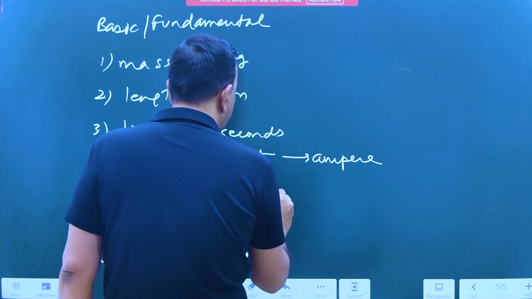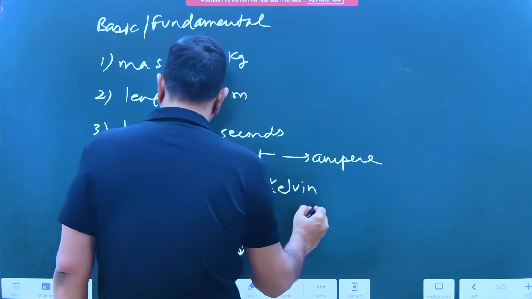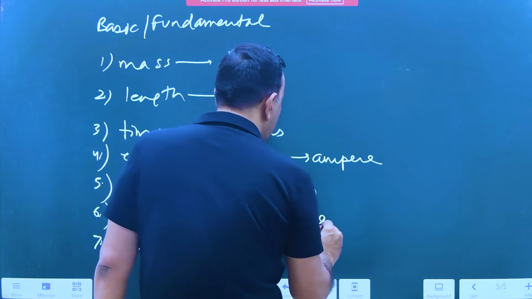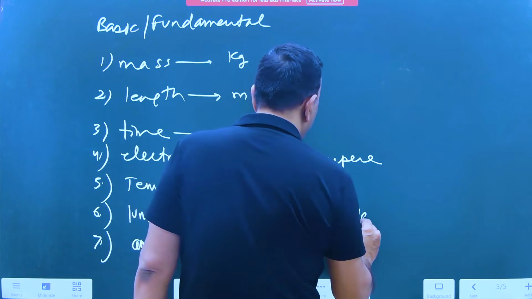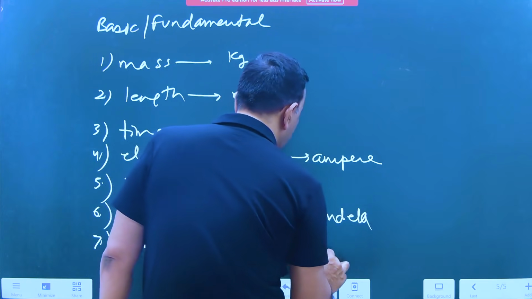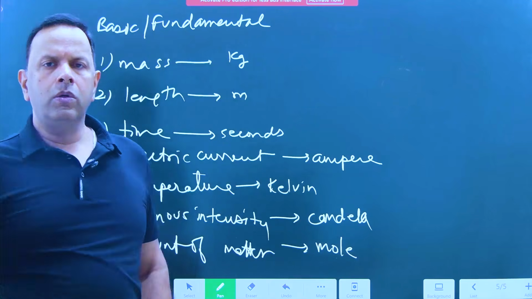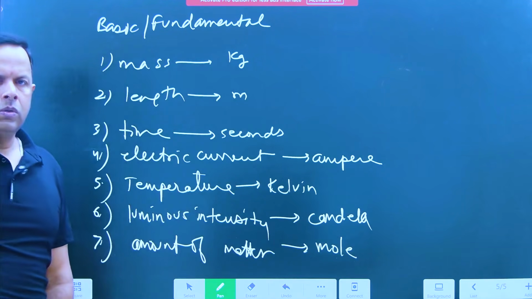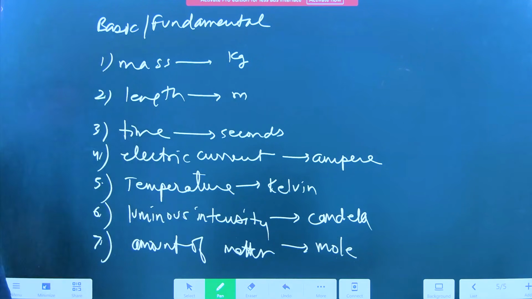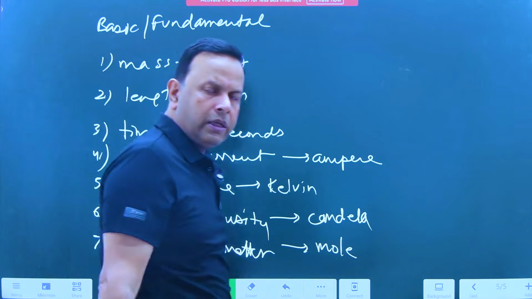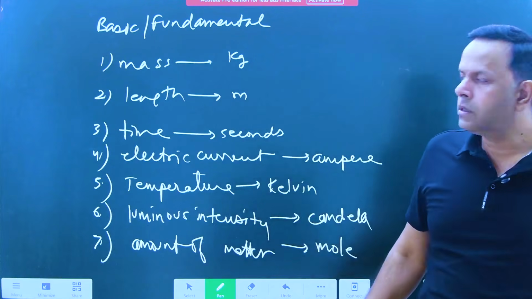For temperature, it is Kelvin. For luminous intensity, it is candela. And for the amount of matter, it is mole. So 7 quantities and their 7 units.